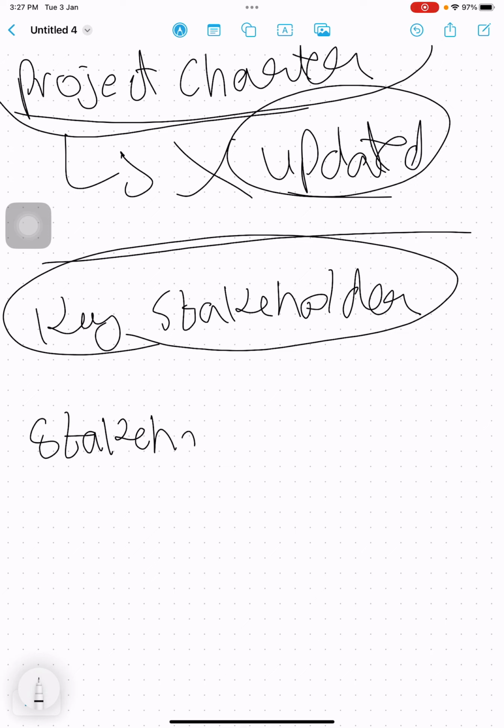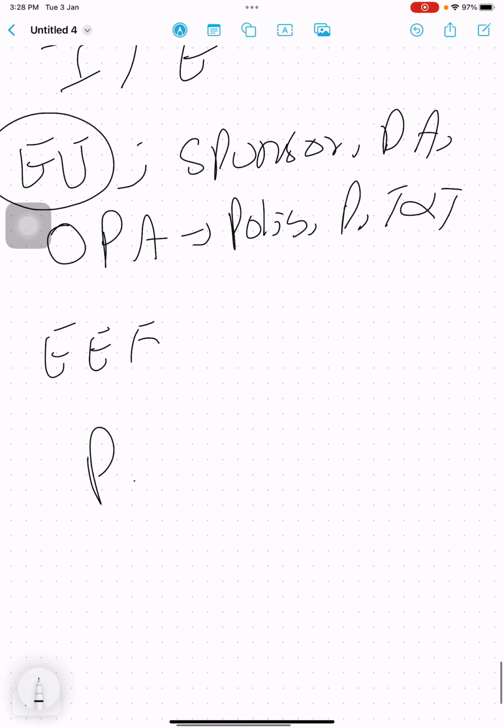In order to identify the stakeholders, we use expert judgment, ask the experts who are the stakeholders. We ask the sponsor, we review documents, we look at the OPAs, which are organizational process assets, policies, procedures, tools and templates. In addition to that, we also look at EEF, enterprise environmental factors.